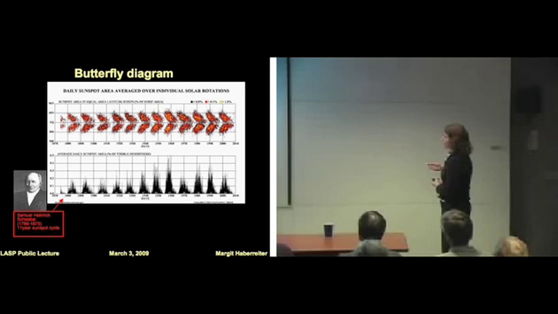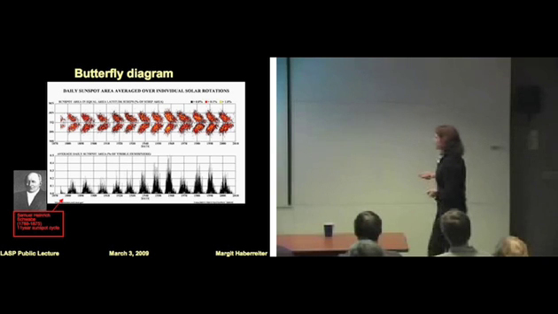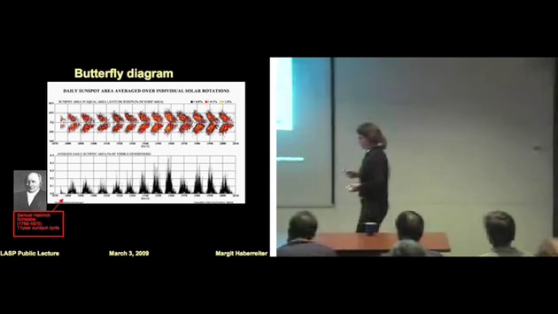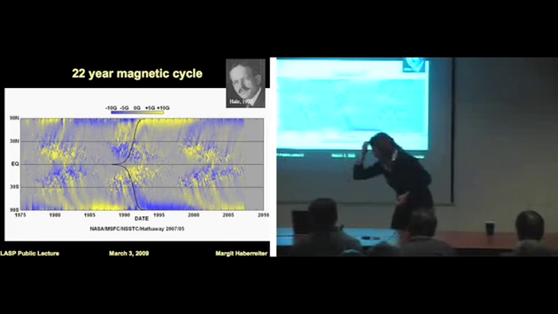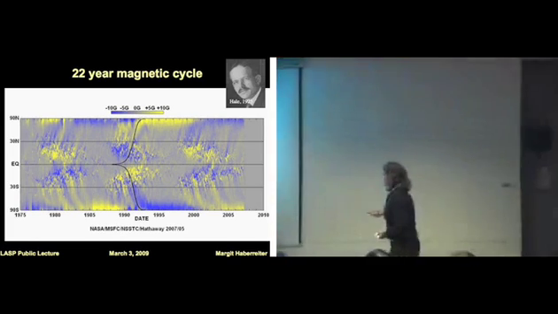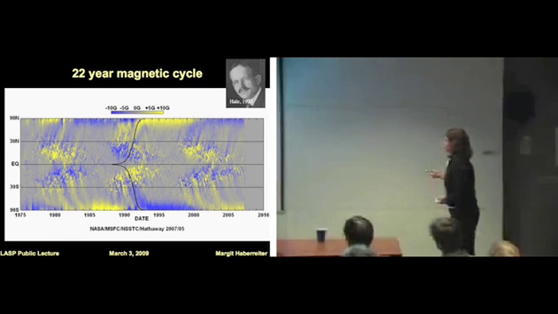So the old cycle is more or less over, although there's always an overlap between the old solar cycle and the new solar cycle. But the new solar cycle is picking up. And this pattern is called the Hale law.